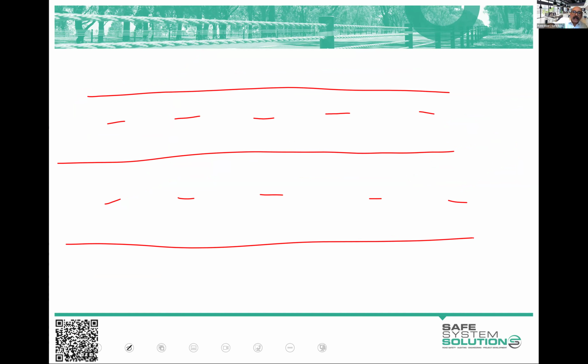There are multiple lanes to cross, there's a long distance. We've got possible dynamic visual obstruction again, a vehicle there, a vehicle here, a pedestrian crossing here, sight line sort of blocked to that pedestrian. So there's quite a bit going on there in terms of the likelihood of crash. The severity is going to be dictated by the speed of these vehicles. The exposure is going to be the number of pedestrians.